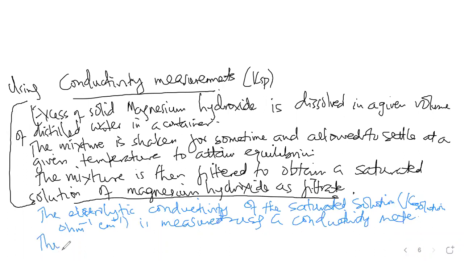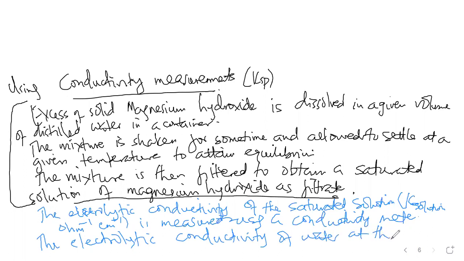Then you also get the electrolytic conductivity of water at the same temperature from books. This one is read from books. The electrolytic conductivity of water at the same temperature the experiment was carried out is read from the books.